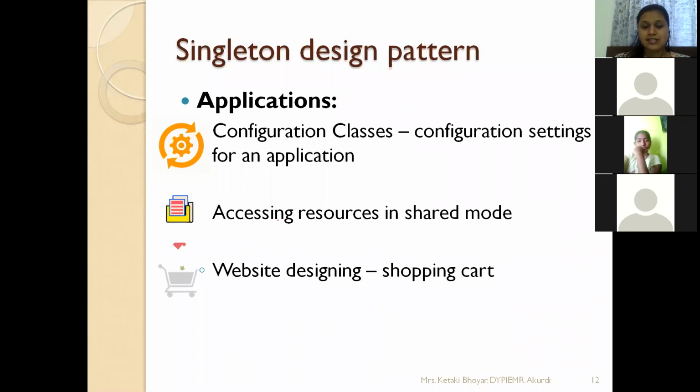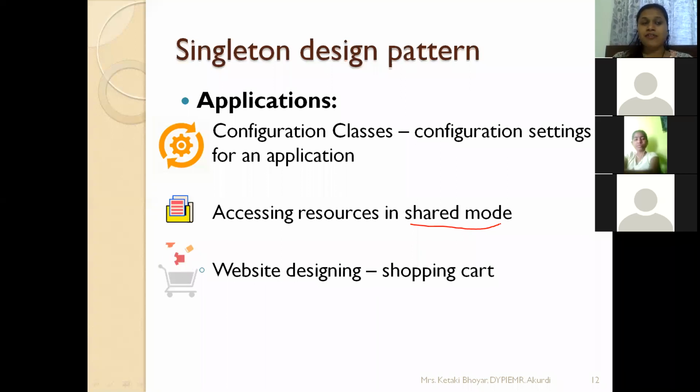Then next is accessing resources in the shared mode. Now shared mode, you all know we are accessing Google Drive. Google Drive is a best example where we can save documents and use them in a shared mode. So if someone changes any document in the Google Drive, that change is reflected to all the participants with whom that document was shared.